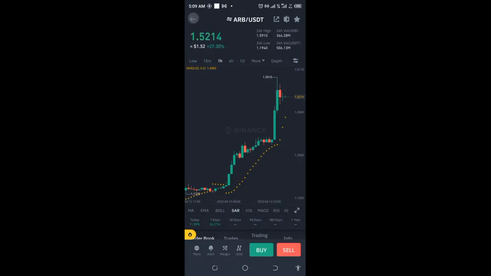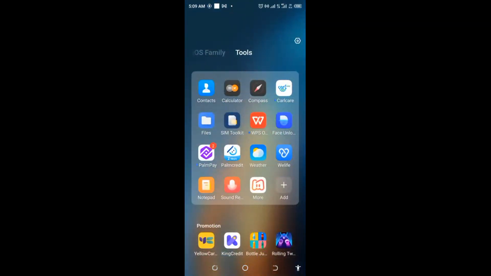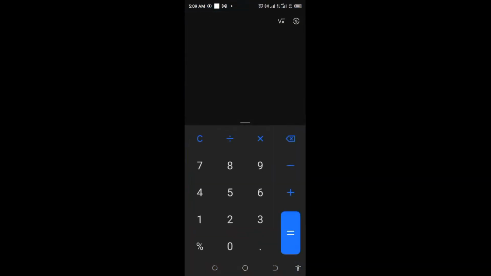So let's go check what this is on a calculation basis. We have 20.62, so we put $20 there times, would that be 3%? Let's check, times 3%. Yeah, this is about a 3% profit margin trade after all expenses have been removed.